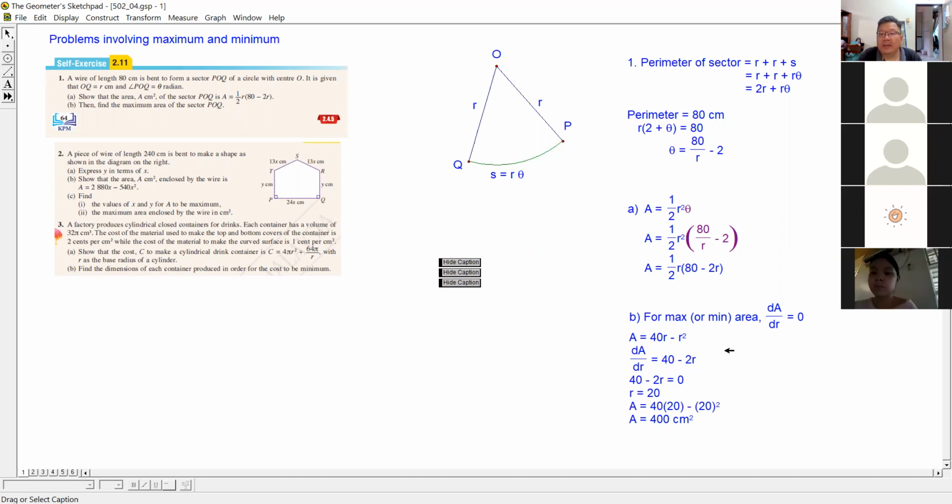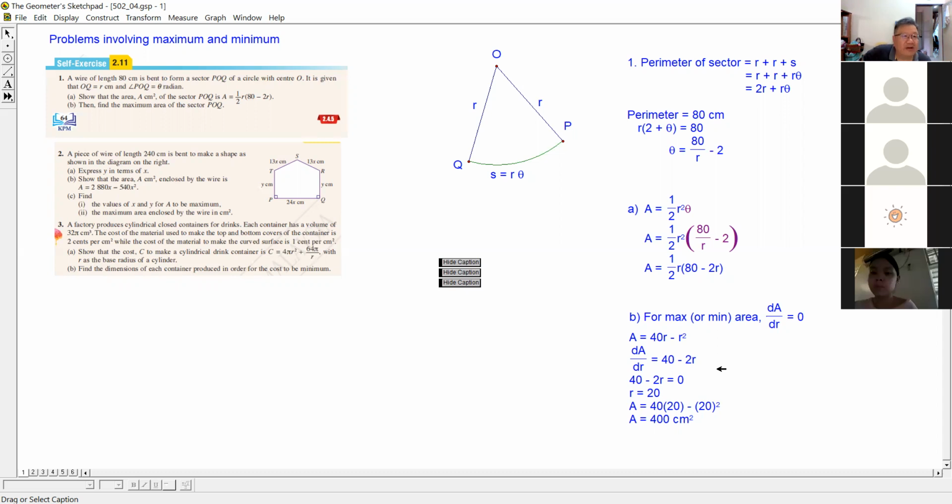For maximum or minimum value of A, dA dr is 0. That means this thing is 0, so you equate 40 minus 2r equals to 0, and I have found r equals to 20. Now r equals to 20 is the value of the radius.